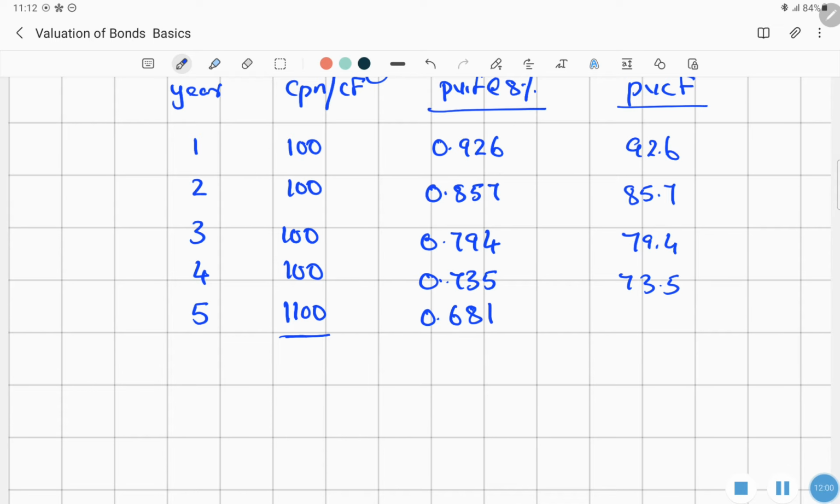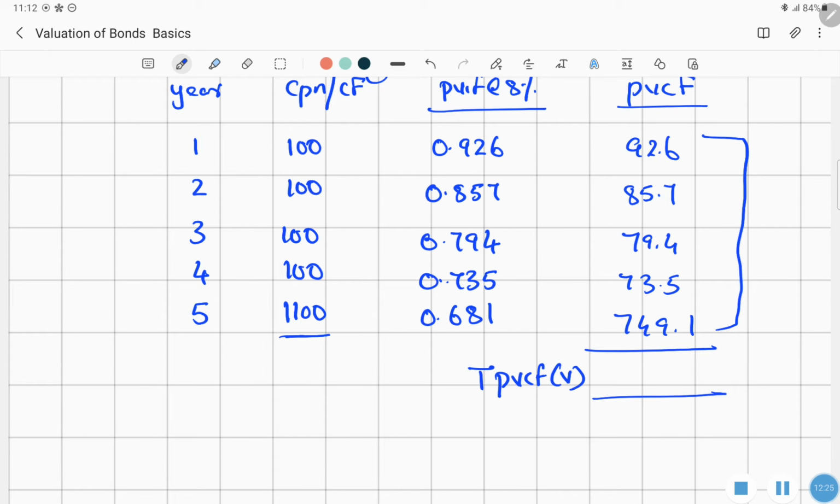So 1100 into 0.681, so I'm getting 749.1. So now we'll be adding the present value of the cash flows, which is nothing but the total present value of cash flow, which is nothing but the value of our bond.